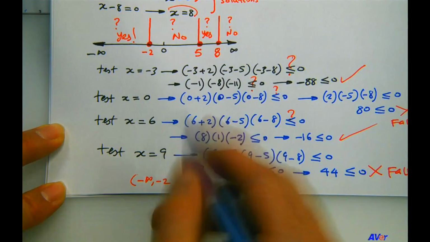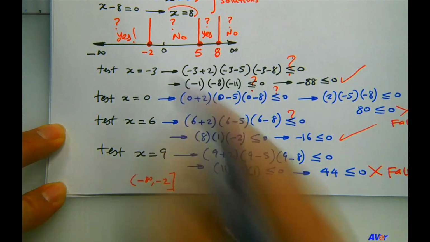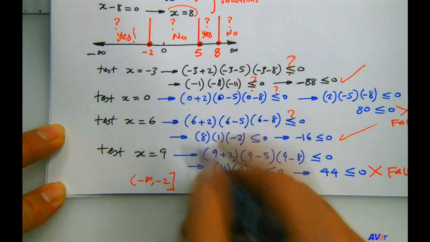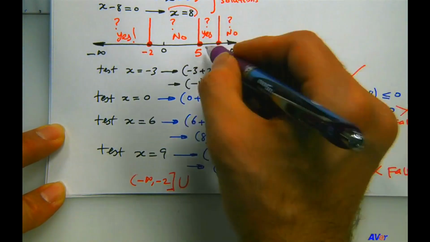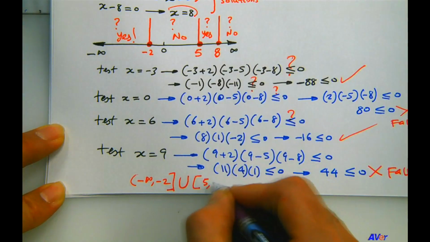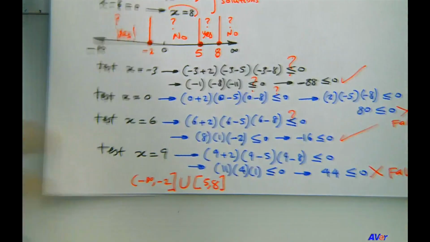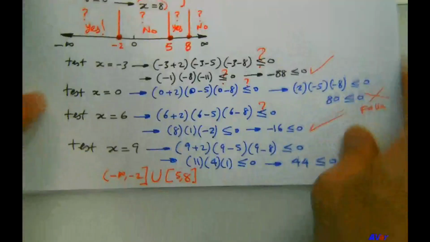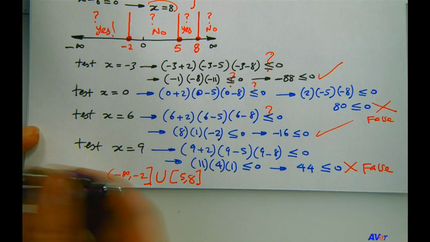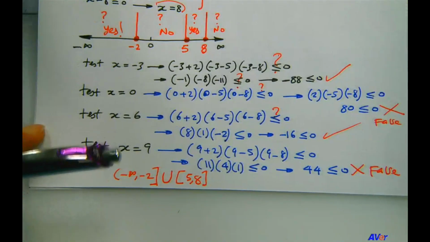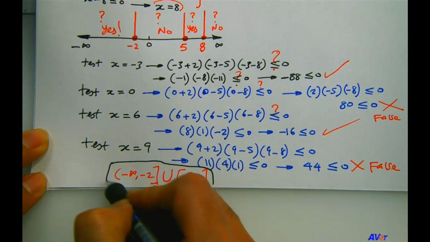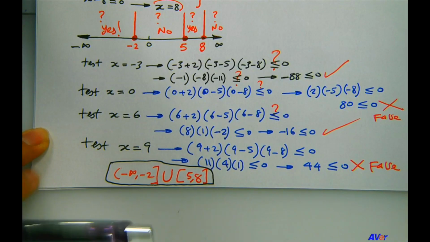If you said bracket, you're absolutely correct, because in this case, the boundary solutions are included. So that union this piece, 5 and 8, and anything in between. So bracket 5, comma 8, bracket. Okay, and then let me box that answer right there. So this is the final solution for our problem, like that.